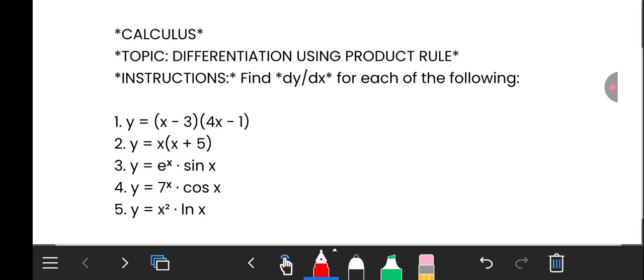Let's move on to the next question, which is y is equal to e to the power x sin x. How can you differentiate? You use the same procedure.